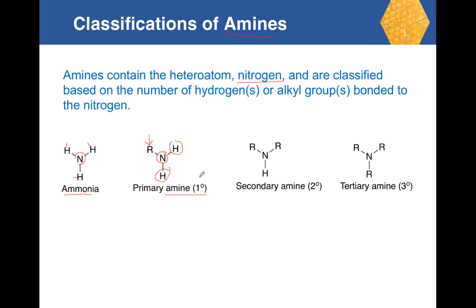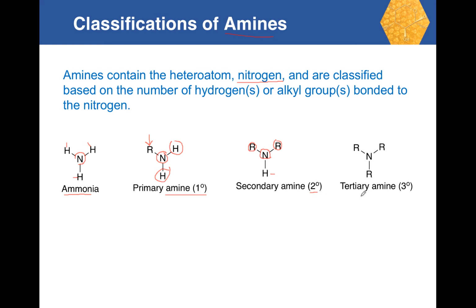Notice 1 superscript 0. Another classification of amine can be, here's the nitrogen, and if it's bonded to 1, 2 carbon containing groups, and of course a hydrogen because it needs 3 bonds, it's a secondary amine.